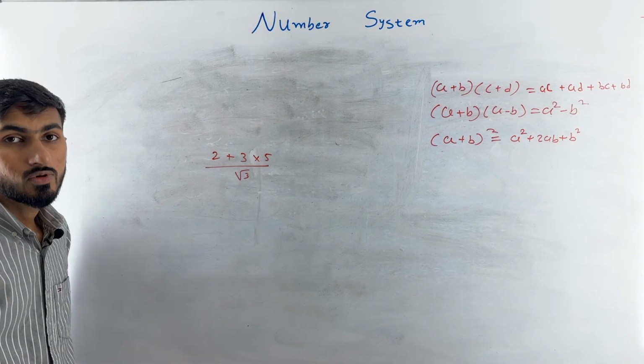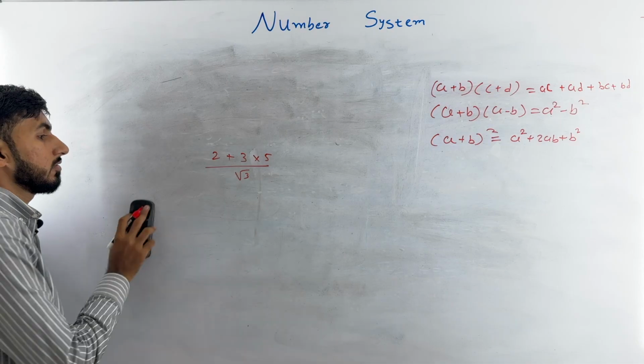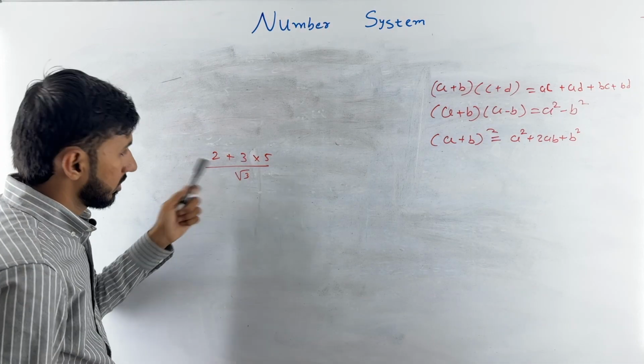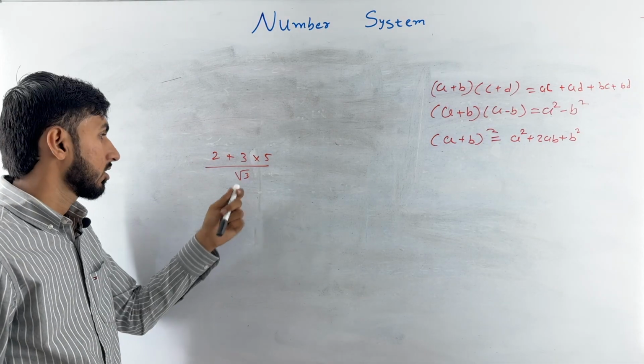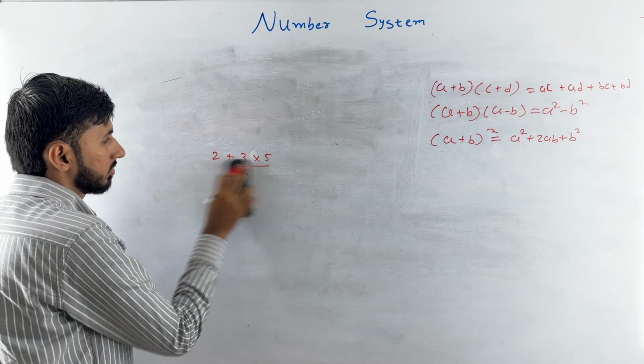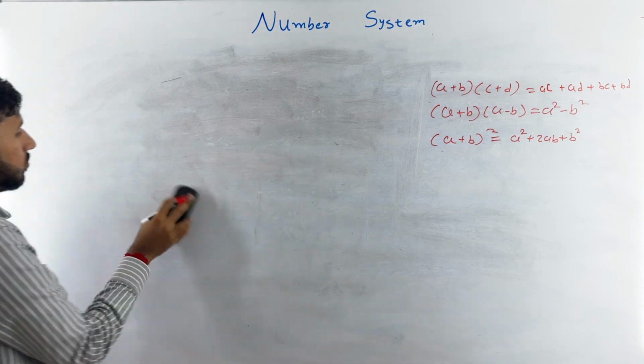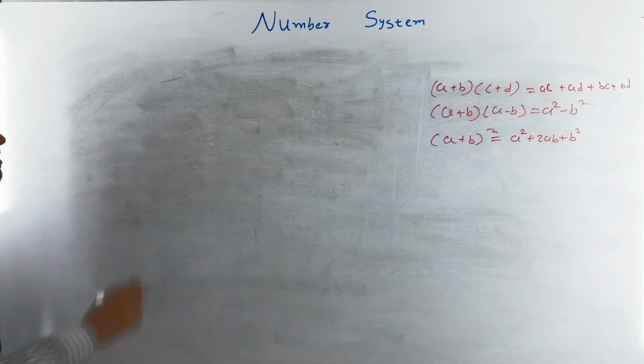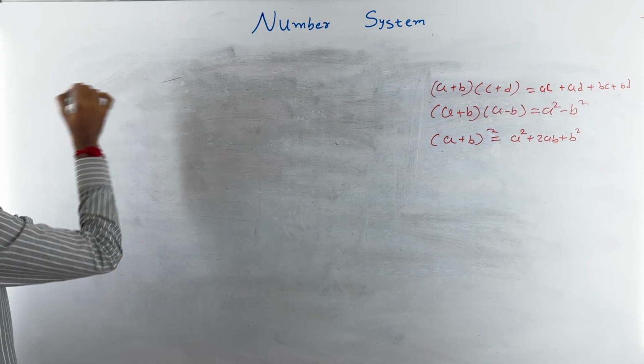To simplify this type of numbers, it will be difficult for us if in the place of denominator we got a number with square root. So we have to do rationalization.